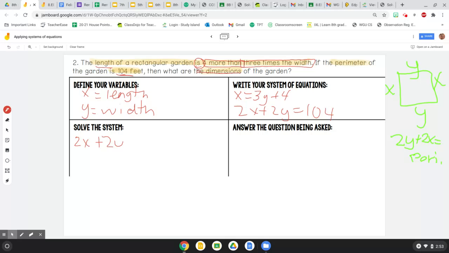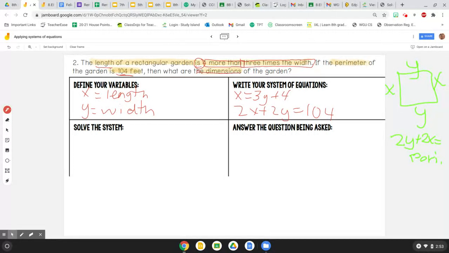Now, just by looking at this, yeah, I could use elimination if I wanted to manipulate some equations, but it's already kind of set up for me to use substitution. So I'm going to go ahead and do that. So down below where I started writing things in already, I'm going to erase actually. And I'm going to use substitution in this case.